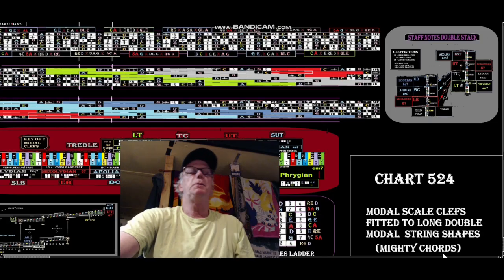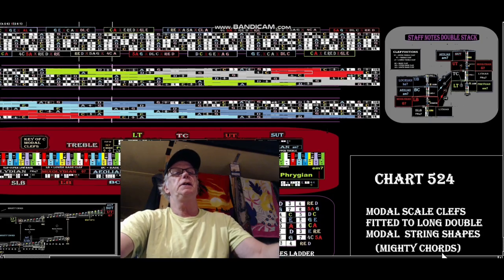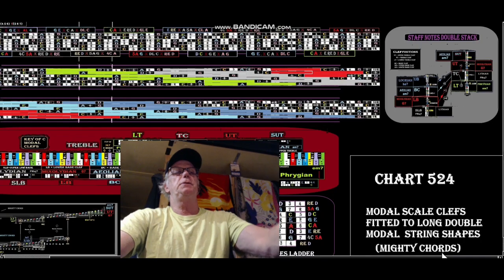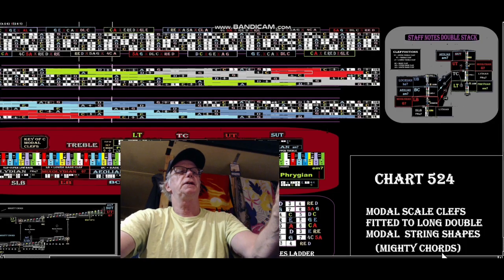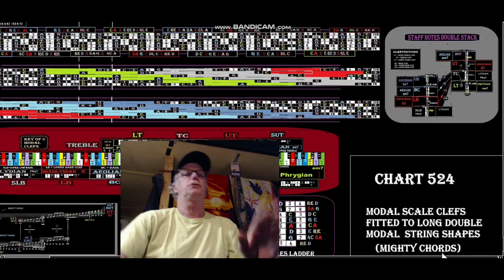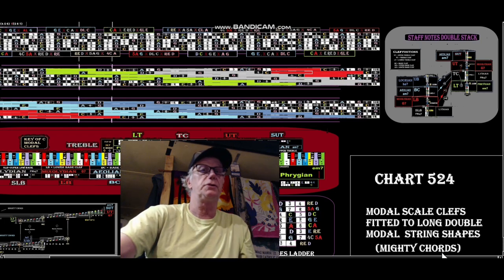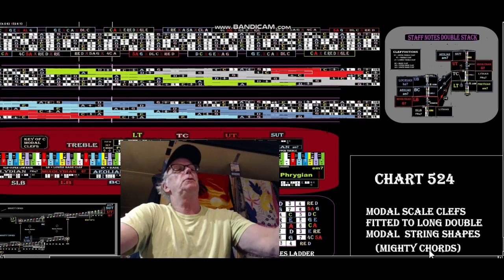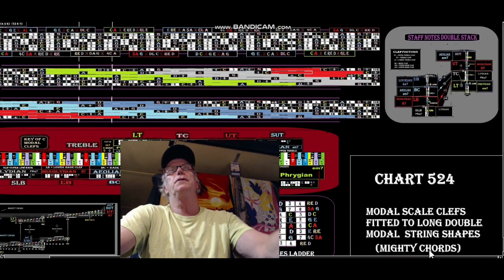Now remember, double modal string shapes doesn't mean it's going to be the C string shape to the G string shape. That's a really long double. It would be more like the C string shape to the F string shape, so really it's only 4 notes.